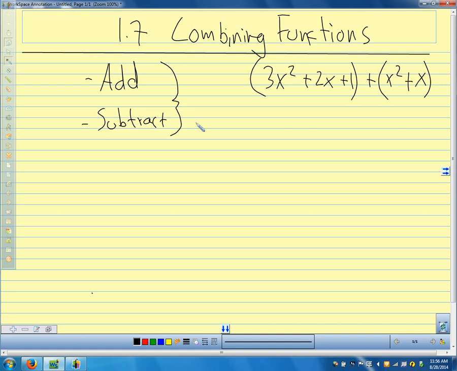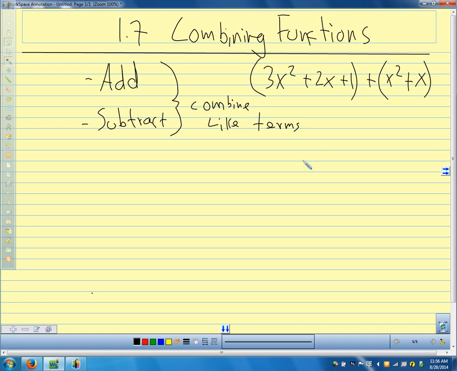And for these, combine like terms. That's all we're doing, combining like terms when we add and subtract functions. And to subtract, we just have a minus sign here, and then we subtract like terms instead of adding.